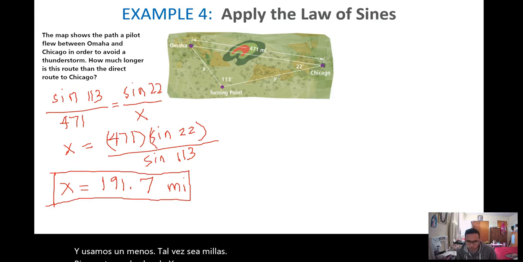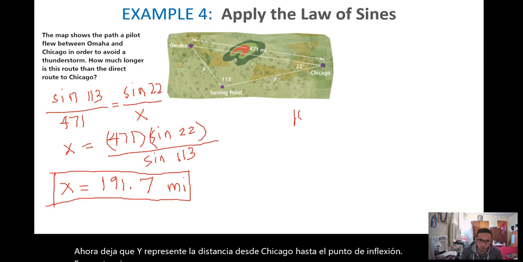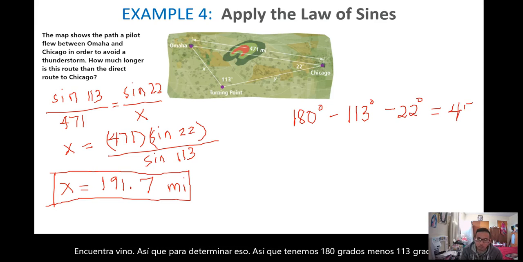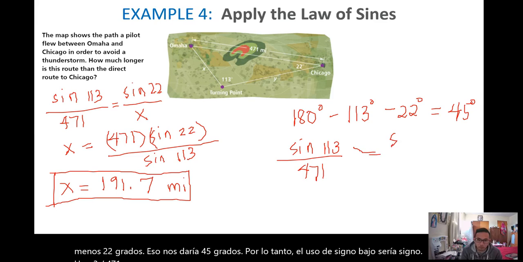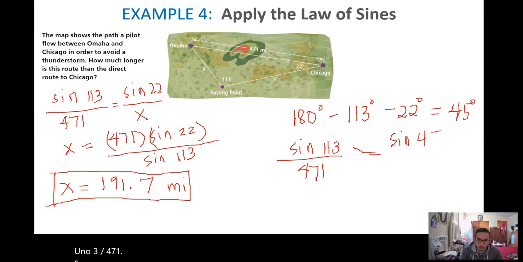Now let y represent the distance from Chicago to the turning point, find y. To determine that, we have 180 degrees minus 113 degrees minus 22 degrees. That would give us 45 degrees. Thus, the law of sines would be sine 113 over 471 is equal to sine 45 degrees over y.